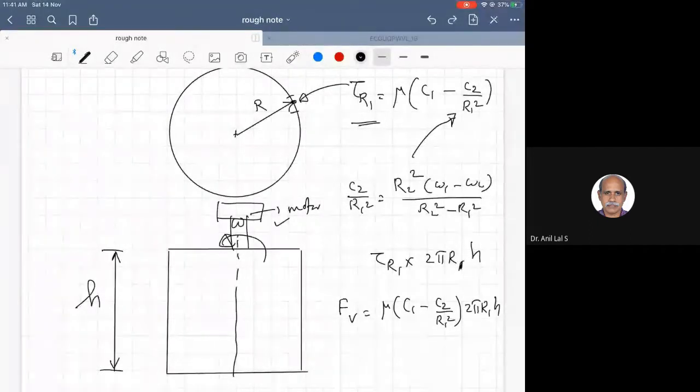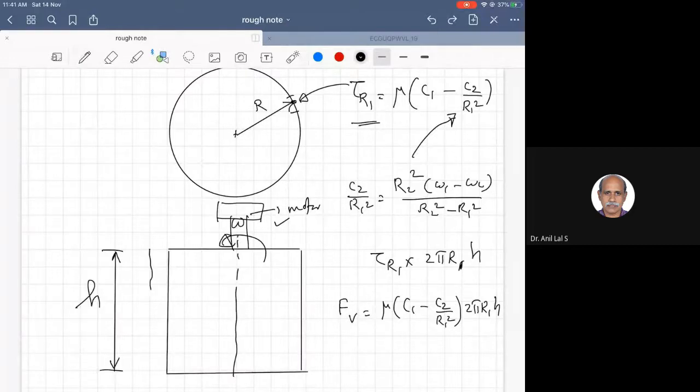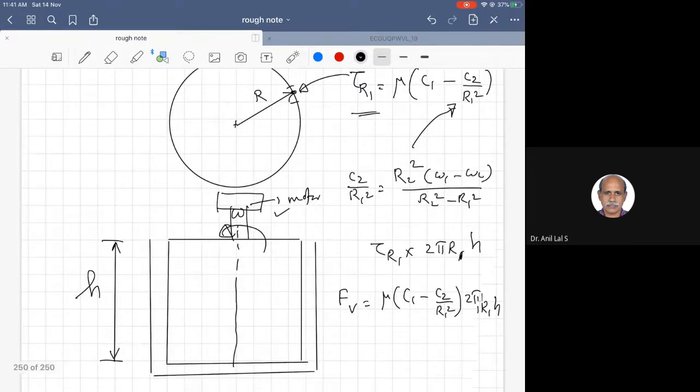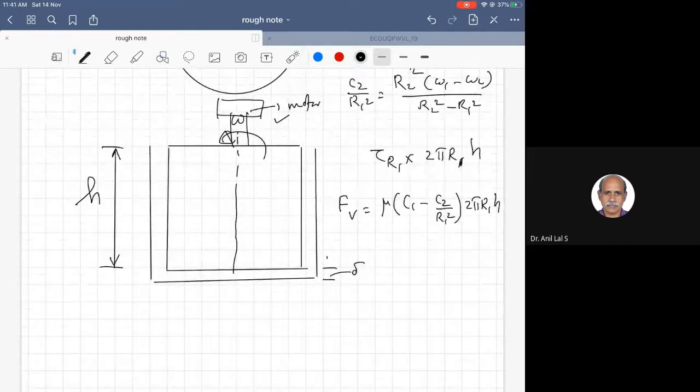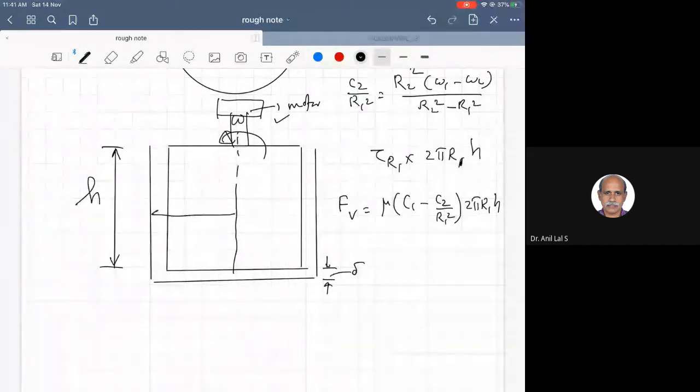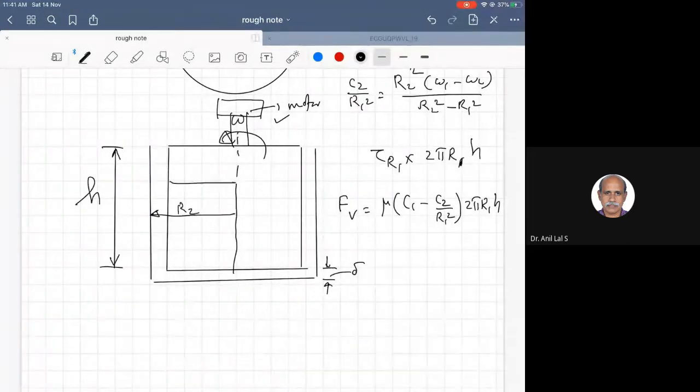There is an outer cylinder. It's kept inside something which has an outer cylinder like this. The outer cylinder may have some depth, little depth, more depth. Let this be some delta. And this is what we are thinking, that this is R2 and this is R1.